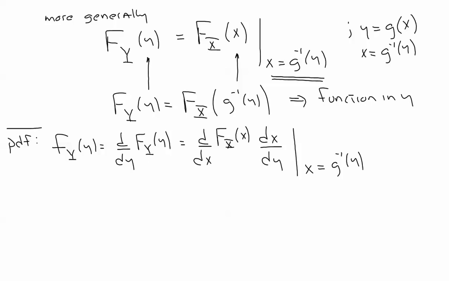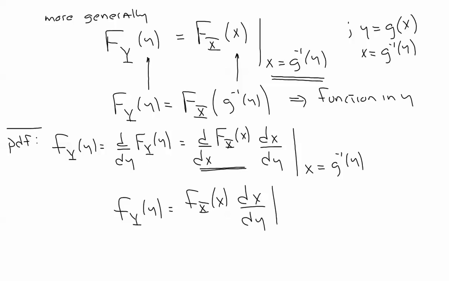More explicitly, when I take the first derivative of the cumulative distribution function in x, I get the probability density function for x times dx dy, where I make the substitution that x equals g inverse of y.